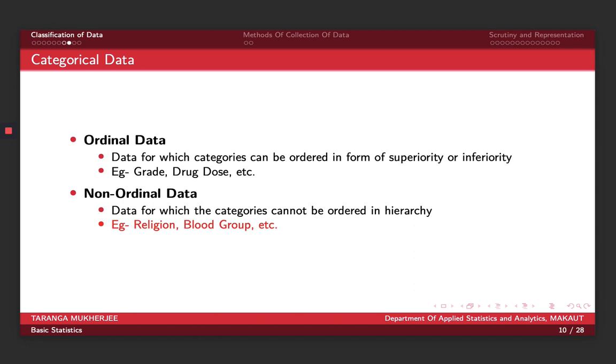But obviously one may say that blood groups can be ordered in terms of availability. For example, B plus blood group is quite available everywhere, but O negative is quite a rare blood group. Still, we really cannot order between blood groups.